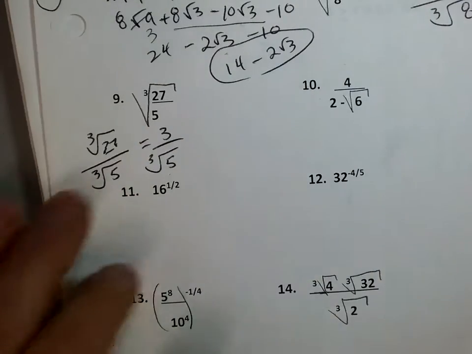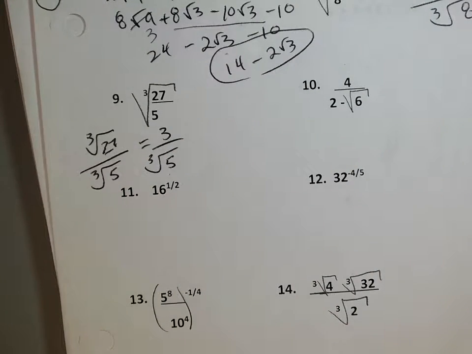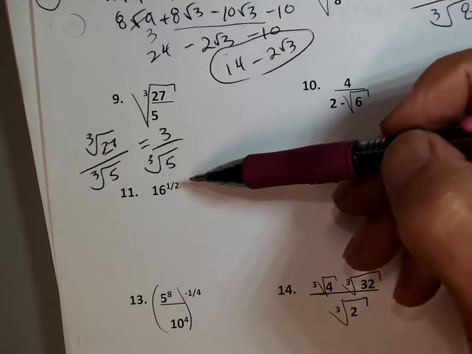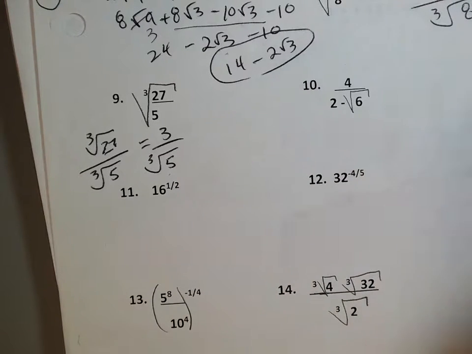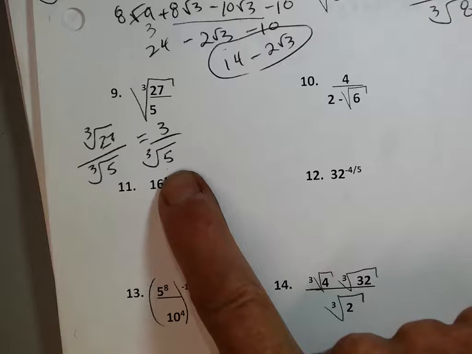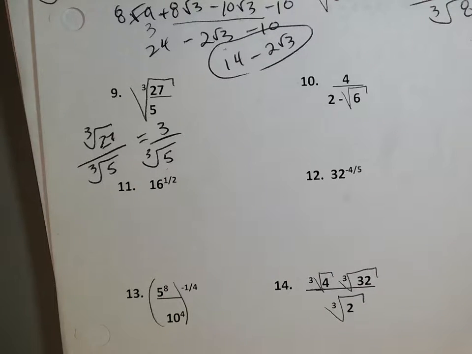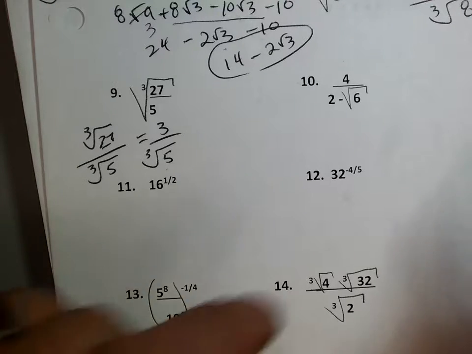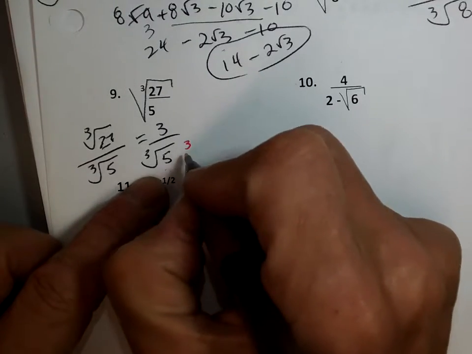Now, we used to learn in geometry that we fix a problem with a problem, but that doesn't work with cube roots. What we have to do is make the bottom number into one of these numbers, because these are the numbers that we have for the cube root. So I've got to make the denominator into 125. So what I'm going to do is multiply by the cube root of 25.